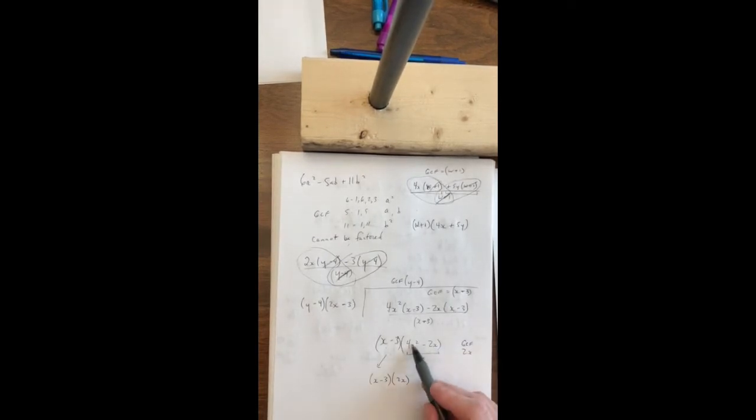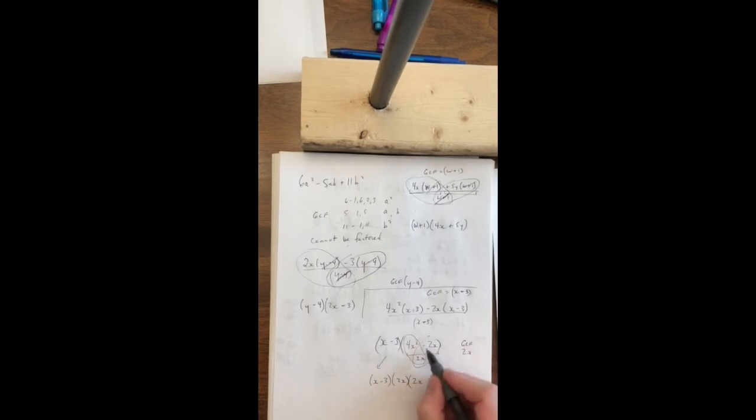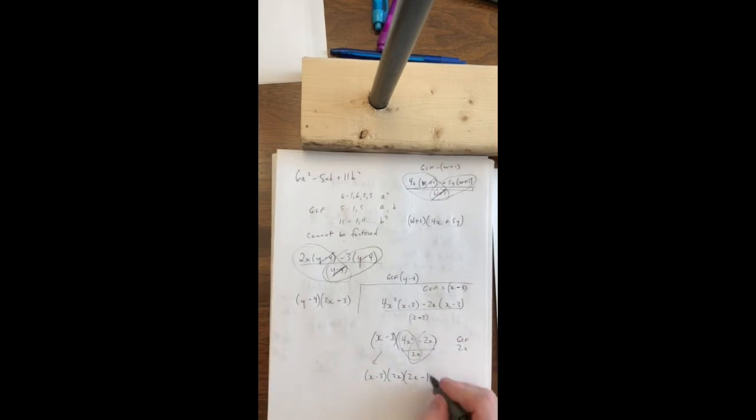And when we pull it out, we are left with, so we're going to divide this up. 4 divided by 2 is 2. X squared divided by x is x. Negative 2 divided by 2 is negative 1. X divided by x is nothing. Now this negative 1 here is important.